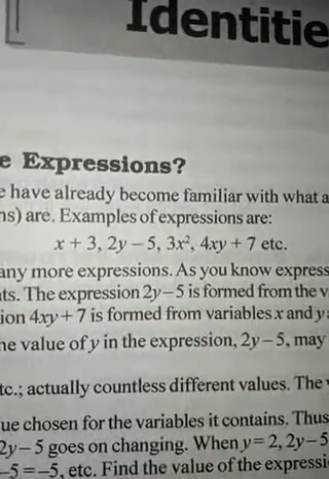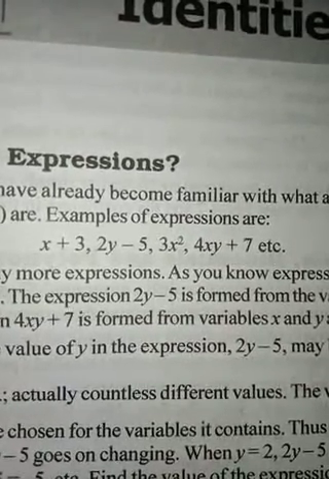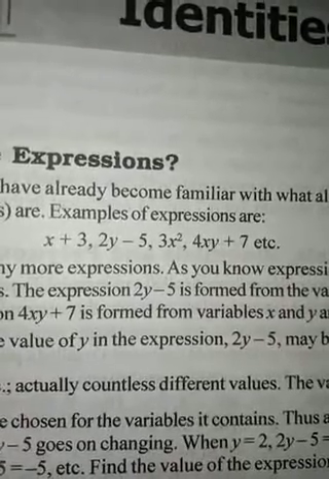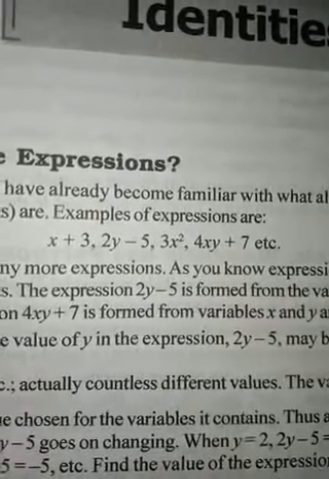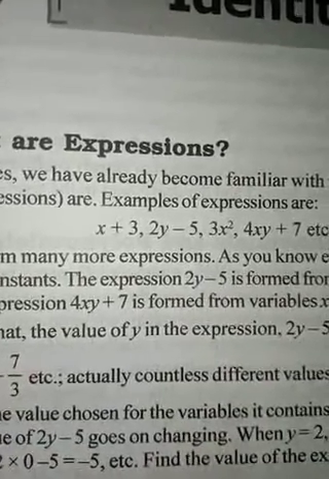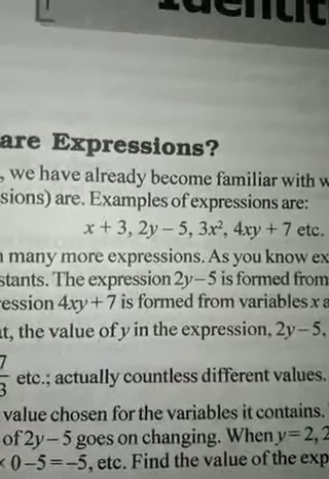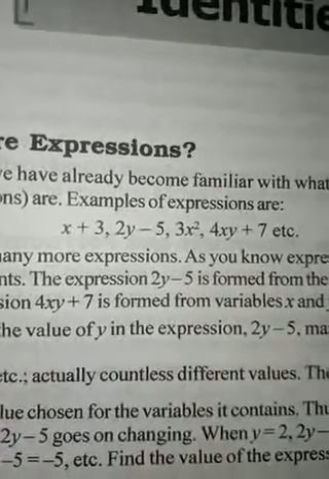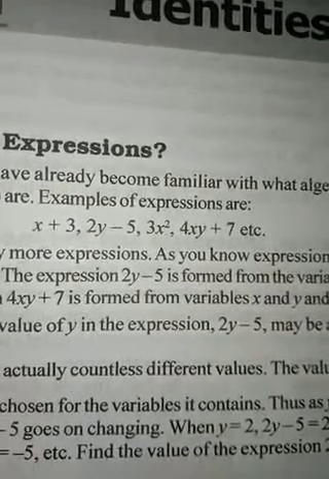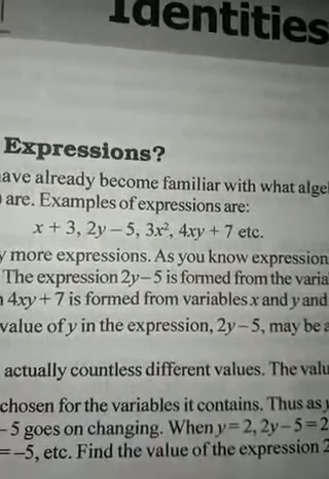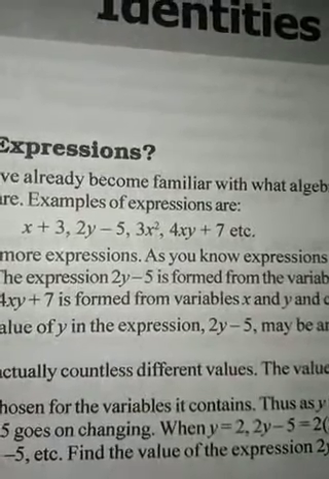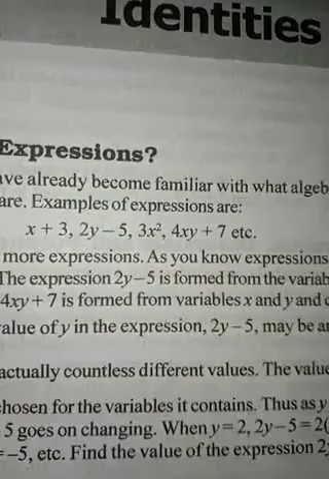Here in your textbook they have given some examples, that is x plus 3, 2y minus 5, 3x square, 4xy plus 7, etc. Here I am going to explain the expression. What do you mean by expression? If I take one example, 2y minus 5 is formed from the variable and the constant, isn't it? 2y minus 5 is formed by the variable y and the constants 2 and minus 5.